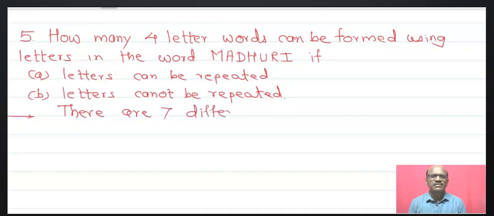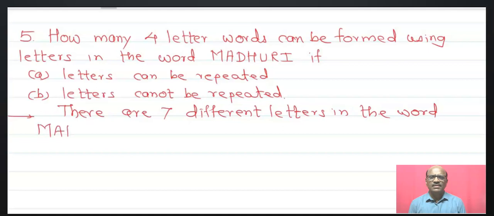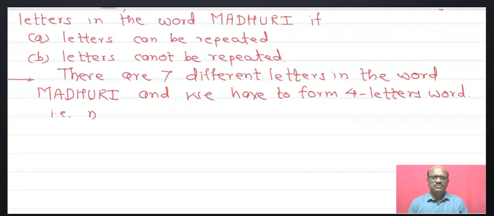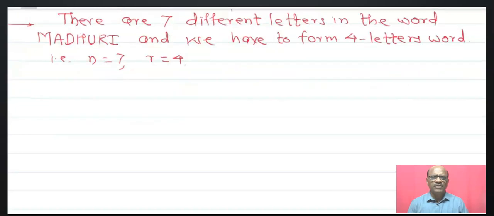Now there are 7 different letters in the word Madhuri, and we have to form a 4-letter word, that is n is equal to 7, r is equal to 4.